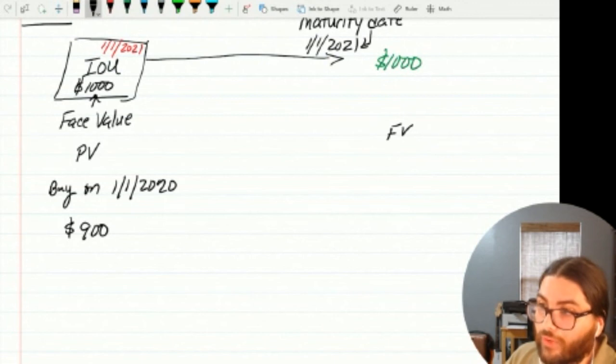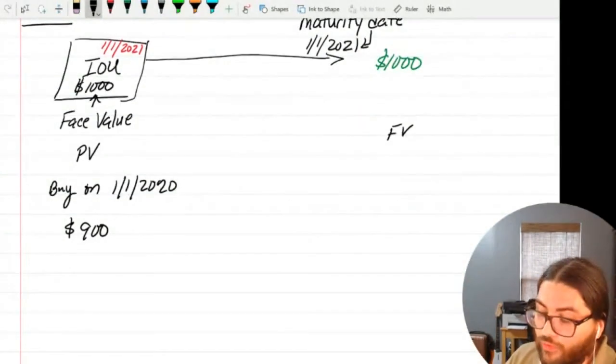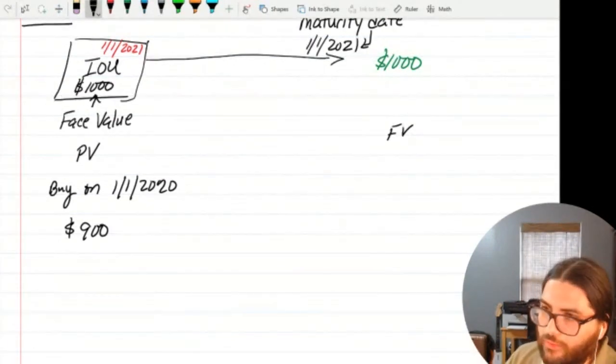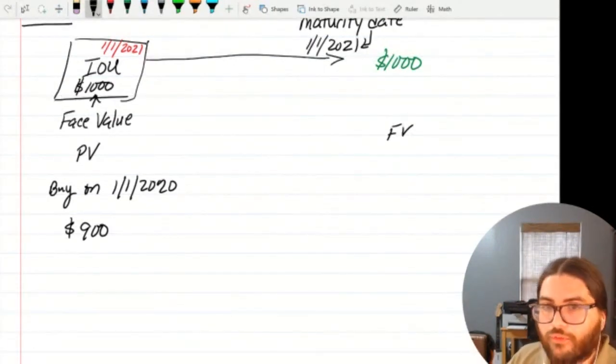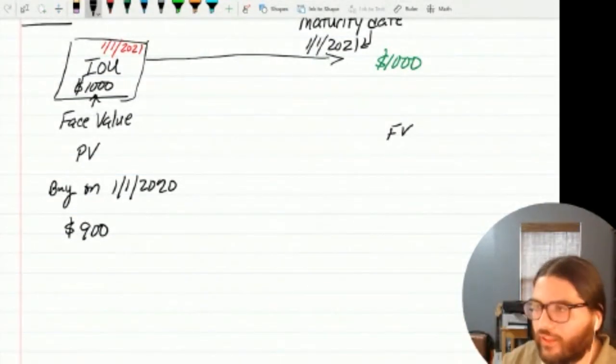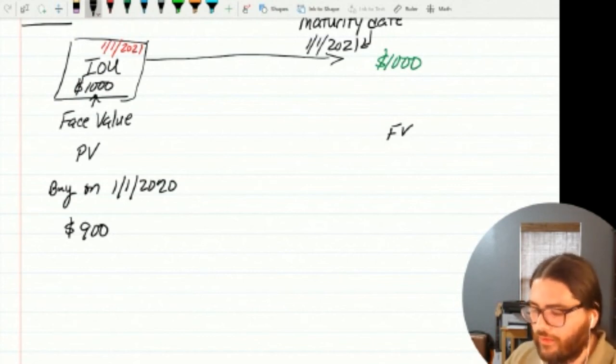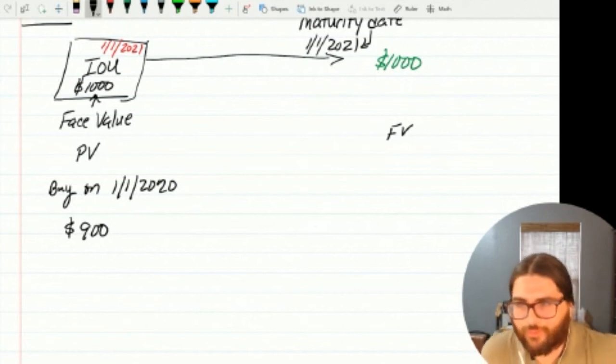Again, whoever buys the bond and whoever sells the bond determines the purchase price. It says $1,000 on the bond, but that doesn't mean I'm going to pay $1,000 for the bond. It's like going to the shoe store, and it says $20 on the box, but no one ever pays $20. They always wait until it's like 60% off. You always get a discount on that price.